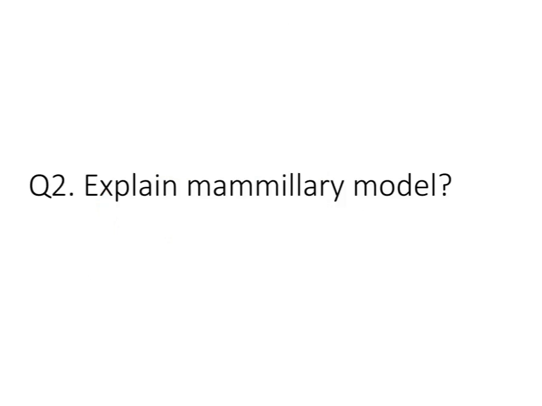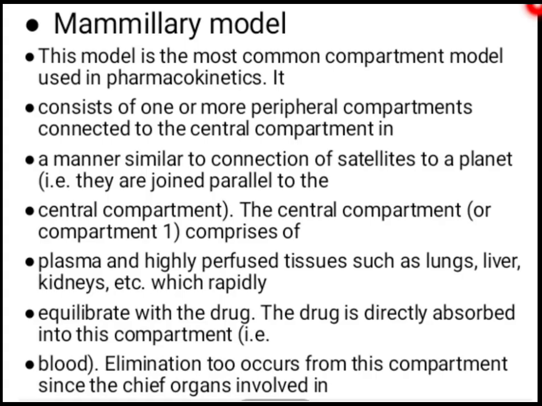Question 2. Explain mammillary model. This model is the most common compartment model used in pharmacokinetics. It consists of one or more peripheral compartments connected to the central compartment in a manner similar to the connection of satellites to a planet. The central compartment comprises plasma and highly perfused tissues such as lungs, liver, kidneys, etc., which rapidly equilibrate with the drug.